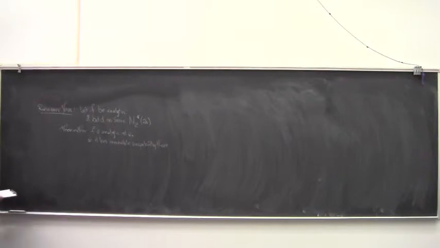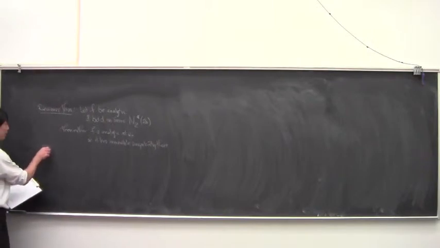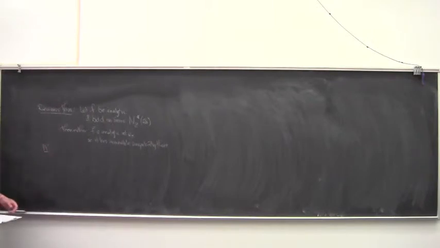Okay. So you recall that last time we gave a really short proof of this, which was to use the corollary. The corollary says, if the limit as z goes to z0 of f of z is 0, and it certainly is, then you have a removable singularity in the end.